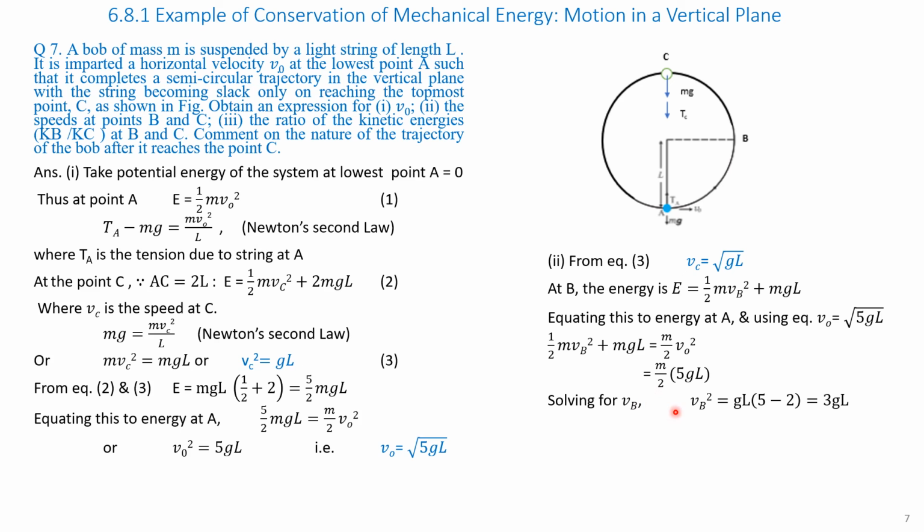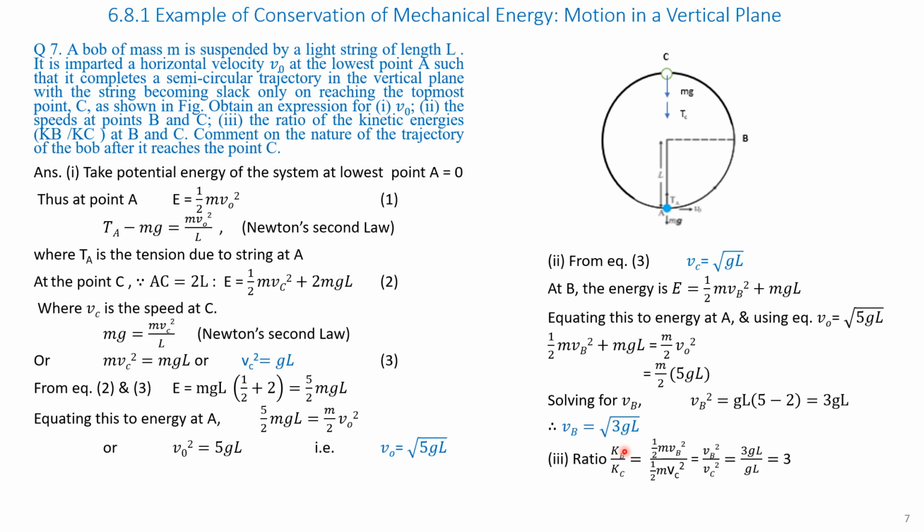Solving for Vb, Vb square is equal to gL into 5 minus 2, that is 3gL. Therefore, the velocity at B is square root of 3gL.